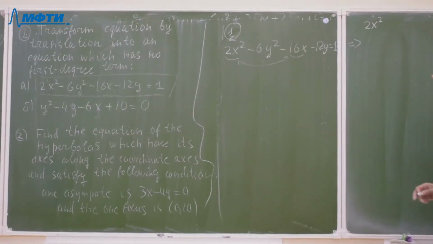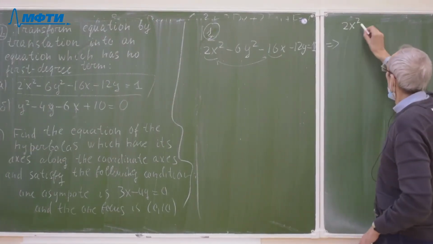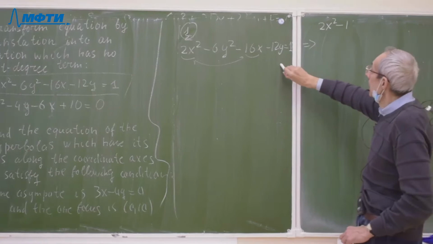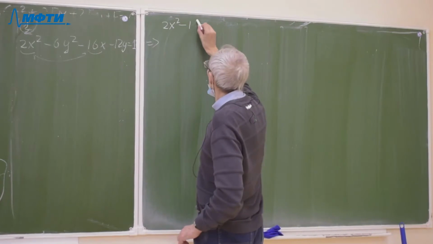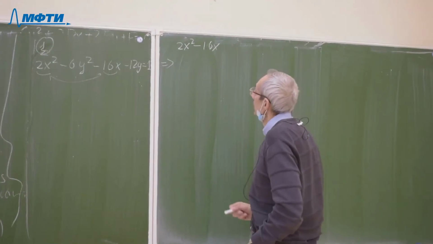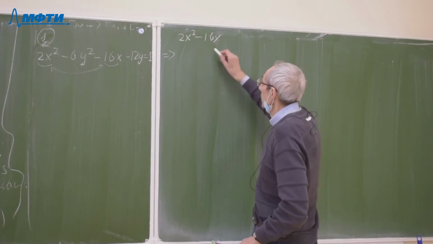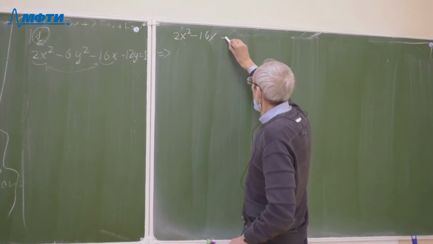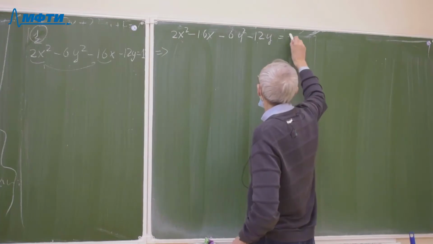And let's permute these terms such that the terms which contain variable x we write in the following order. First of all, we write the terms which contain the variable x: 2x squared minus 16x minus 6y squared minus 12y is equal 1.